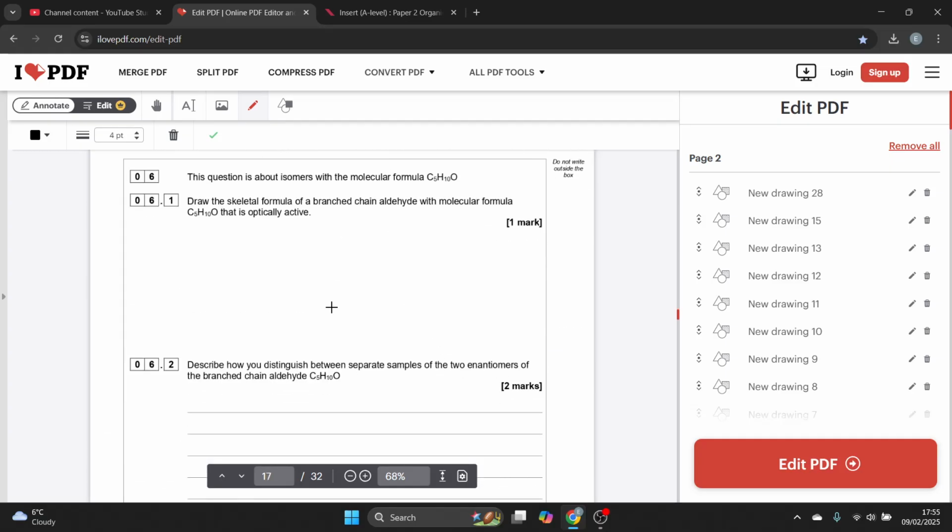Draw the skeletal formula of a branched chain aldehyde with this molecular formula that is optically active. First thing I would realize is it's an aldehyde, so a carbonyl group at the end of the chain. Optically active, so I need a methyl group here, a carbon here attached to 4 different groups.